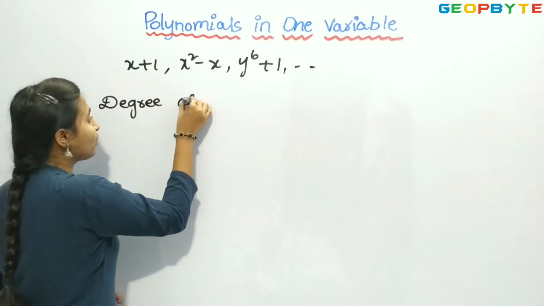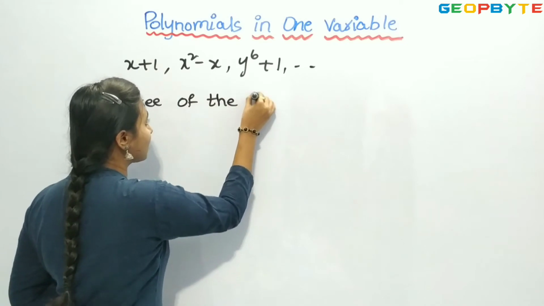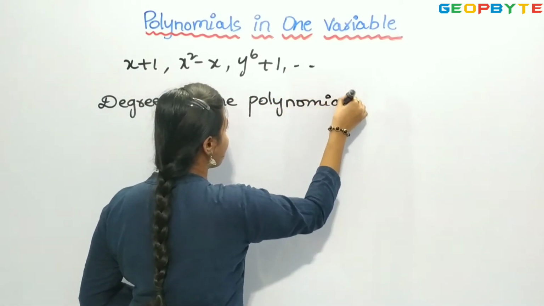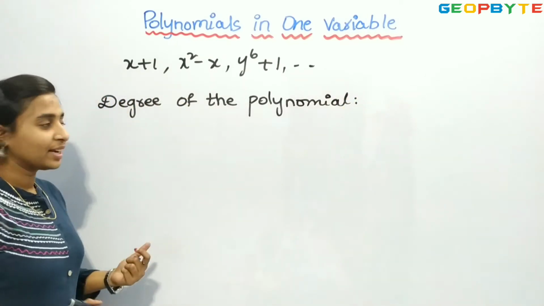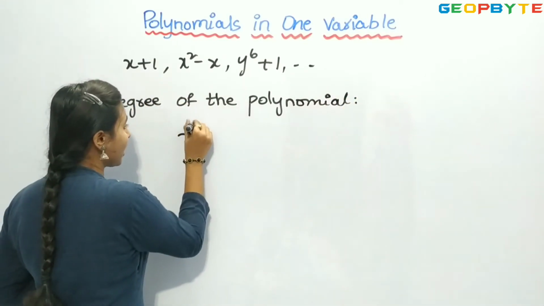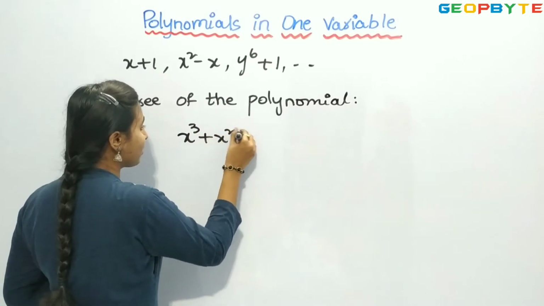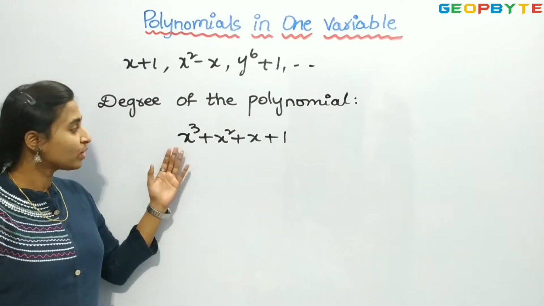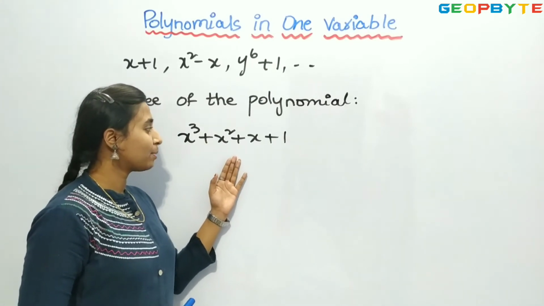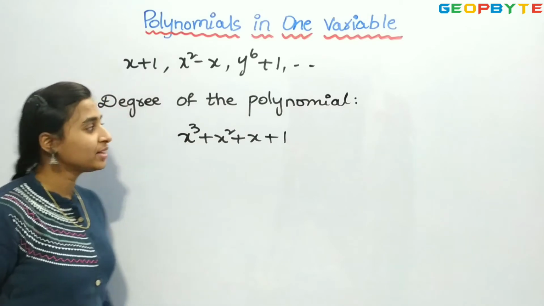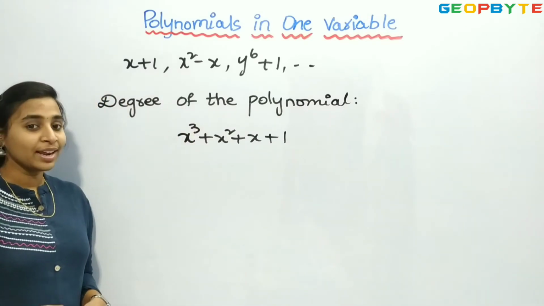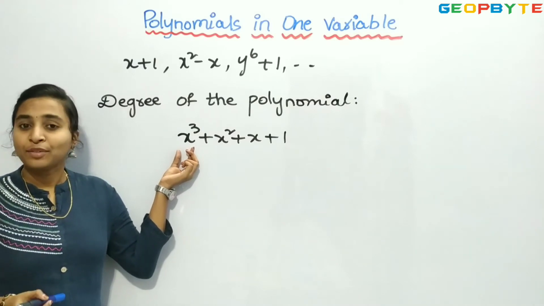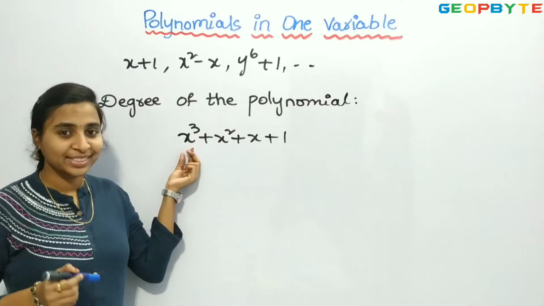Degree of the polynomial. First, let us take a polynomial x cube plus x square plus x plus 1. Now, in this polynomial, degree of the polynomial means the variable which is having the highest degree.